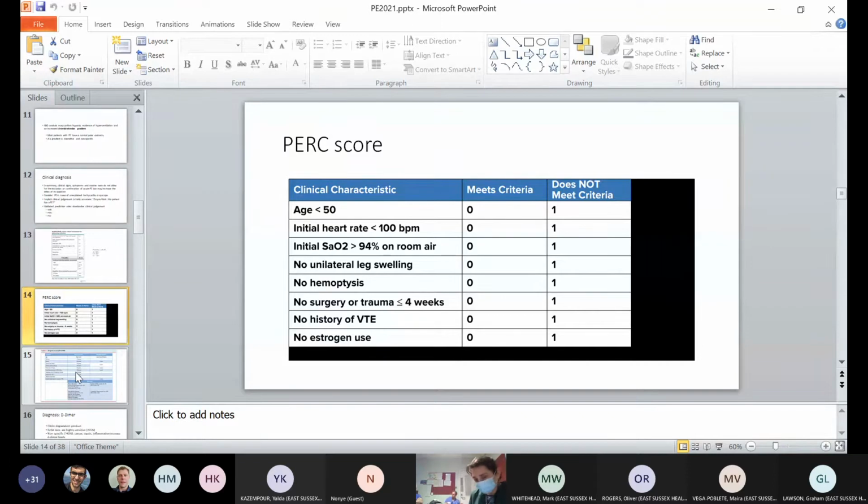The evidence shows, in what they call less than 15% suspected PE, so he has pleurisy or musculoskeletal chest pain and no risk factors, that if the PERC score is negative, so you have a zero answer on all questions, you don't even need to ask for D-dimer. So these people can go home with analgesia and advice.